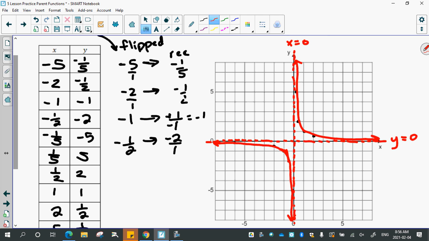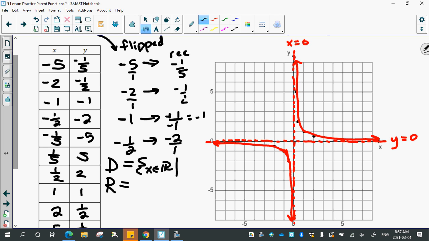So do its domain and range. Anyone think they know it?